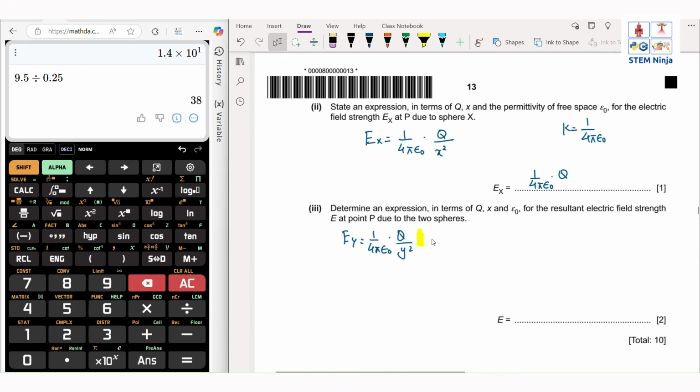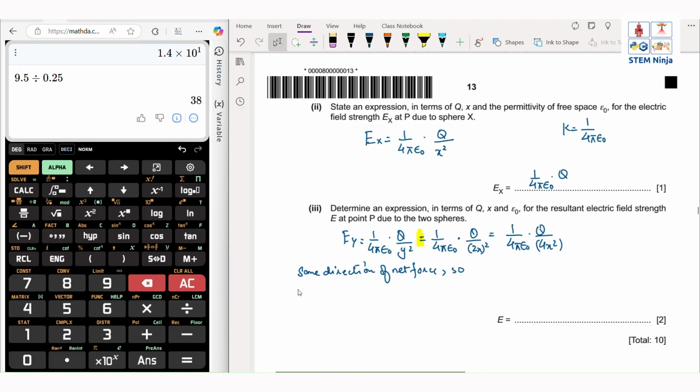So this becomes 1 over 4 pi epsilon naught q over (2x) squared, which means 1 over 4 pi epsilon naught q over 4x squared. Same direction of net force, or rather same direction of electric field, basically one direction of electric field.